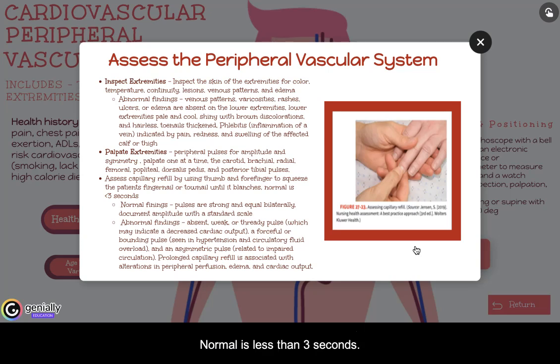Normal is less than 3 seconds. When you press on it and you let it go, it becomes pale, but then it becomes pink, and the color comes back in less than 3 seconds. That's normal. Normal findings also include strong pulses, equally bilaterally.